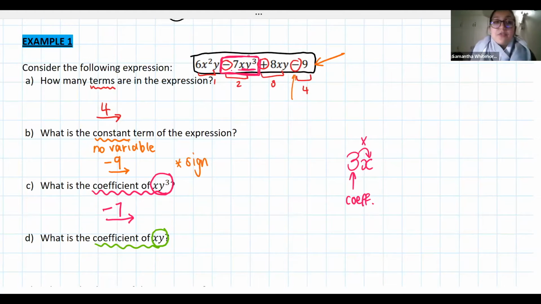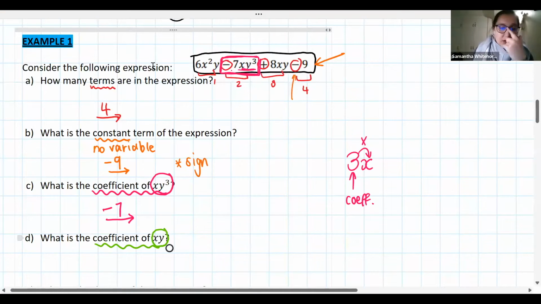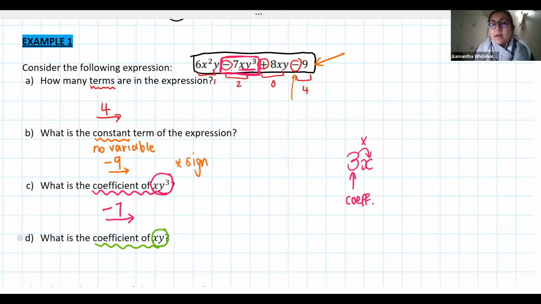D is a bit different because even though we're still talking about xy, I'm talking specifically about the term that contains only xy. That is term 3, which has x, y only. There are no exponents of cubed or squared or anything like that, just x, y. So it's a completely different term that I'm looking at, and here we can see the coefficient is +8.